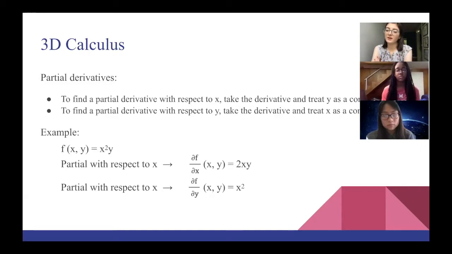The partial derivative of f with respect to x, denoted del f over del x, would be 2xy, because you would take the derivative of x squared, which is 2x, and multiply it by the constant y. To find the partial derivative with respect to y, you would take the derivative and treat x as a constant. So similarly, we would take the derivative of y with respect to y, which is 1, and multiply it by the constant x squared.